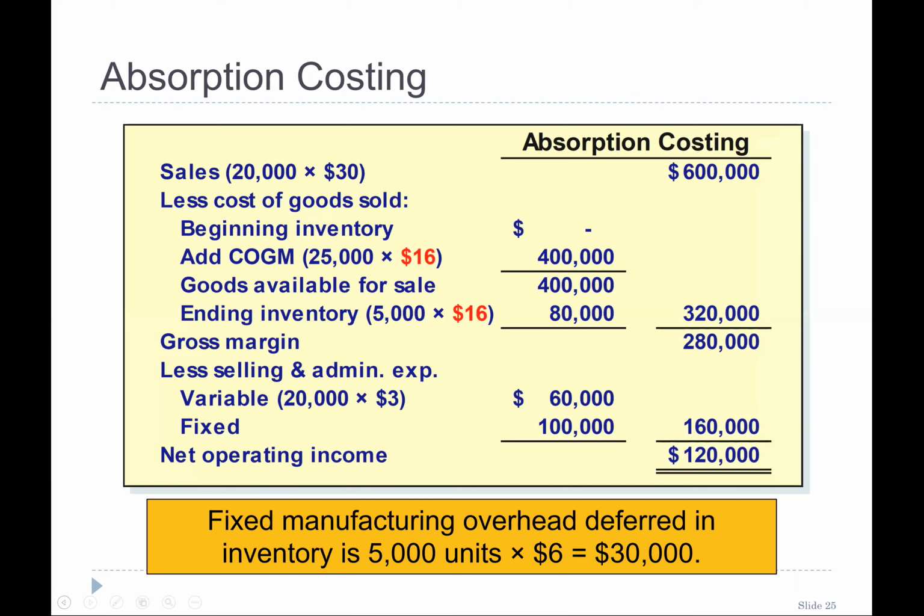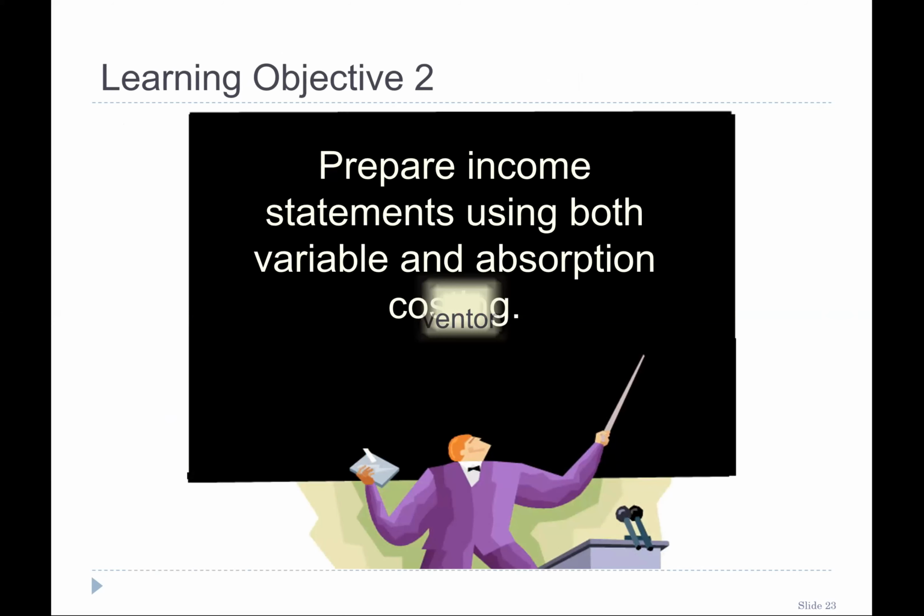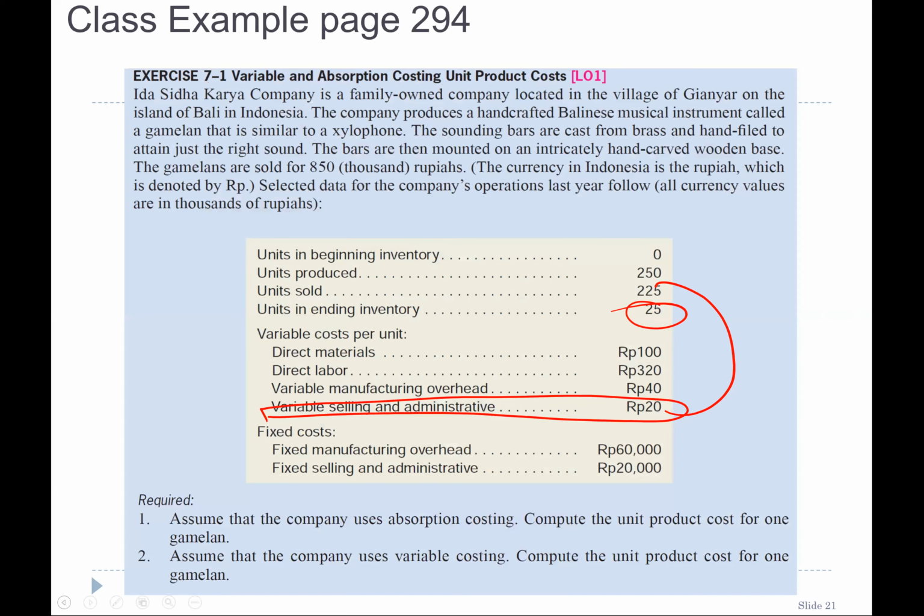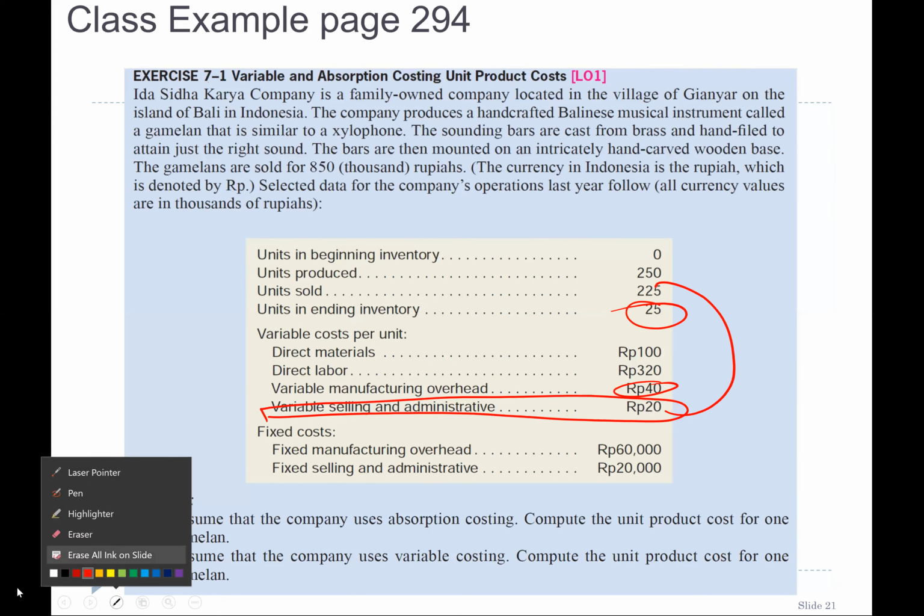Let me show you 7.1. Variable manufacturing 40, right? I think you made a double mistake. Let me erase all.